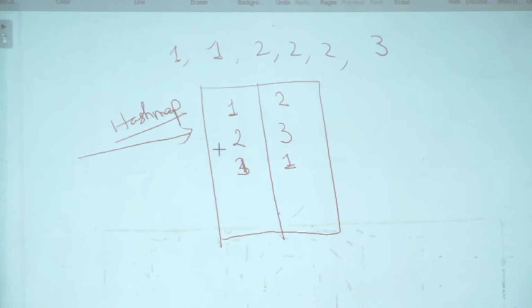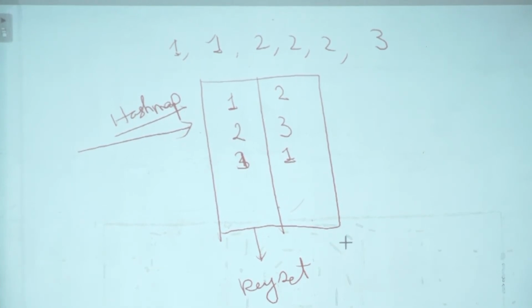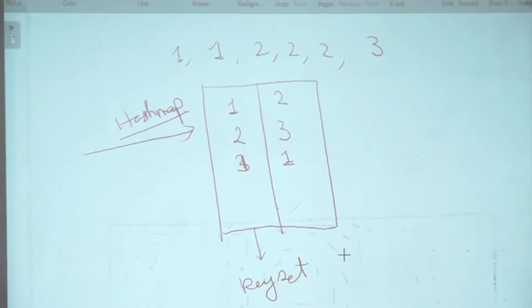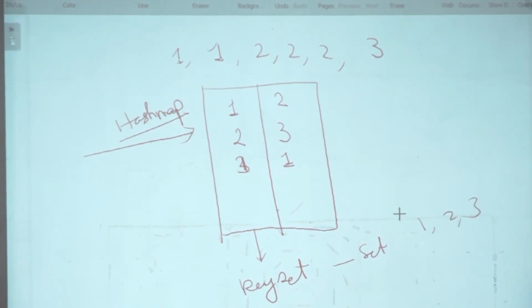If you take the key set, we know there is a method called key set. It will give you a set of keys. The keys will be 1, 2 and 3.